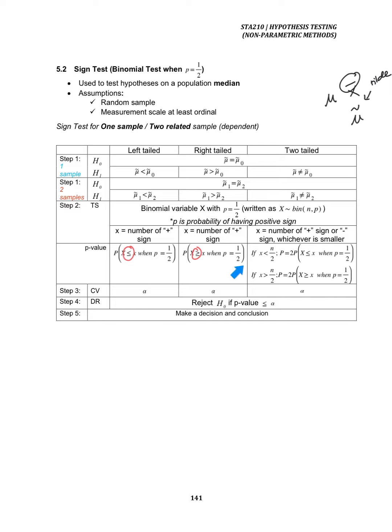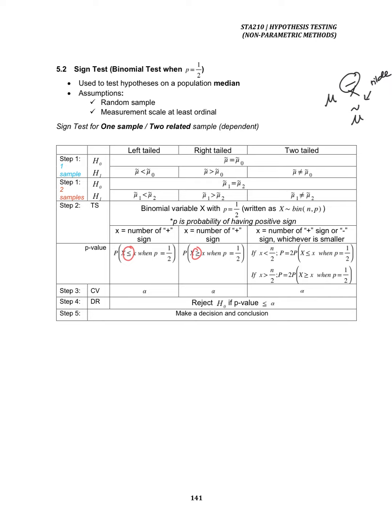First, if x, which is our number of plus signs or minus signs, is less than n over 2, then the calculated p-value is equivalent to 2 times the probability of X less than or equal to x when p equals half. But if x, which is the number of plus or minus signs, is greater than n over 2, then the probability value is 2 times the probability of X greater than or equal to x when p equals half.